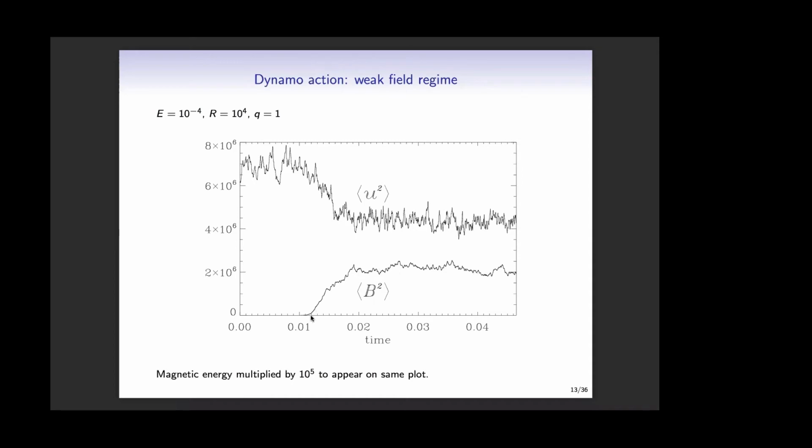The one thing we can't really do, as I said in the warning earlier, is compare this number and this number as an energy. In fact, I had to multiply this energy by a big number to get it on the plot, because this energy comparison doesn't really make sense in this inertialess system. But in terms of U coming down and B going up, that is a standard picture that you will often see in dynamos.